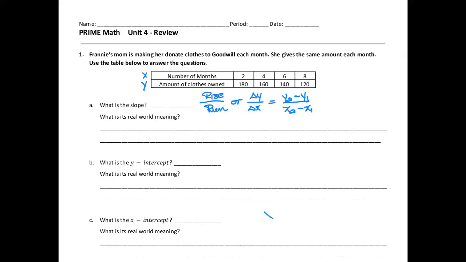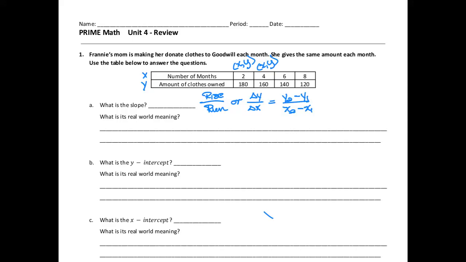This is your y. So for your slope, you need to look at any of these x, y values. These are almost like individual ordered pairs, an x on top and a y on the bottom.